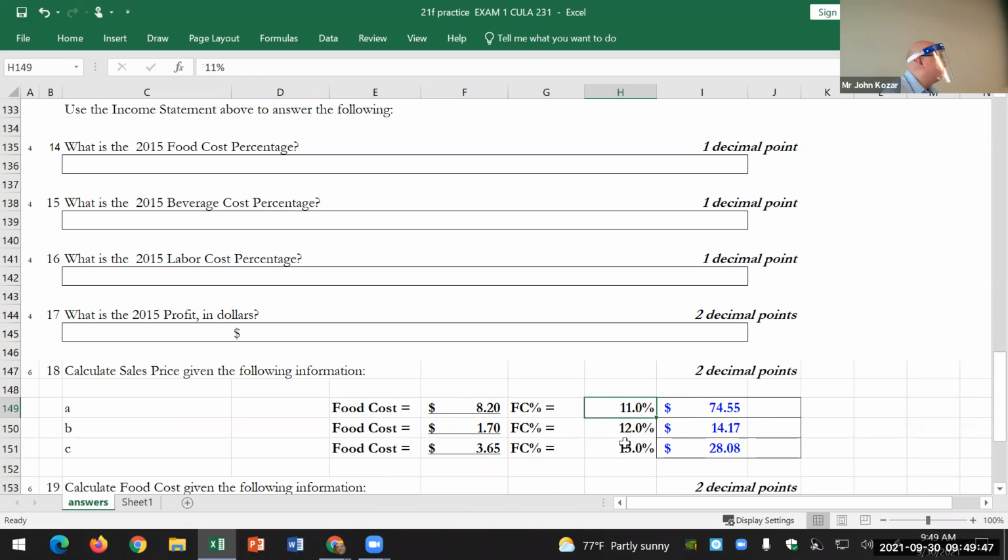That's a very low food cost percentage, and that's why you have such a high menu price. It's hard to imagine what you could actually sell at that much of a markup. But all of these food cost percentages are very low. So for the second one, the answer is $14.17. And then the last one is $28.08. Okay. Questions on calculating the sales price?